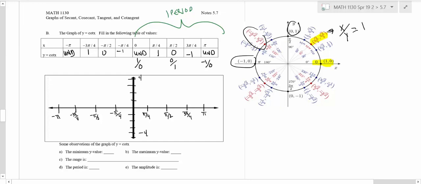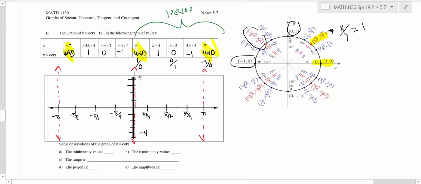Then we just put the asymptotes and sketch the points. It looks like on this one we have an asymptote at negative pi. We have an asymptote at x equals 0, so that's the y-axis. We have another asymptote at pi. And then just put your points there.